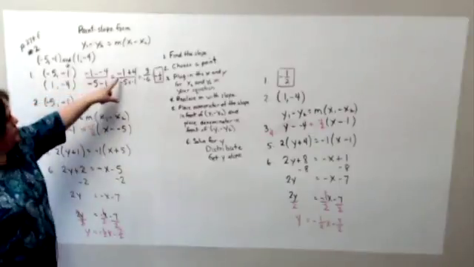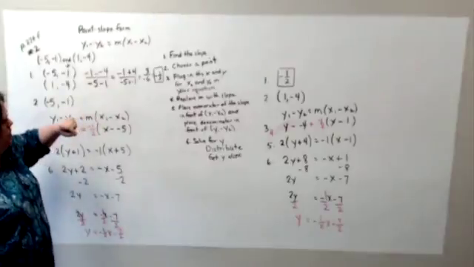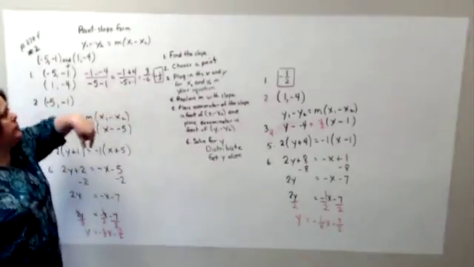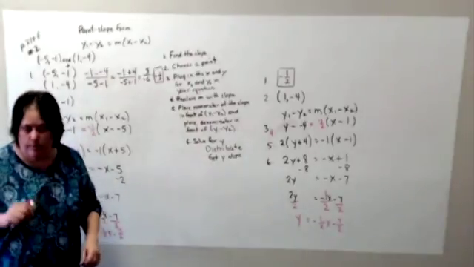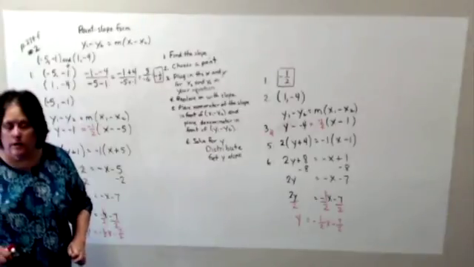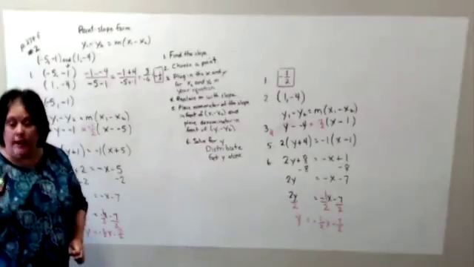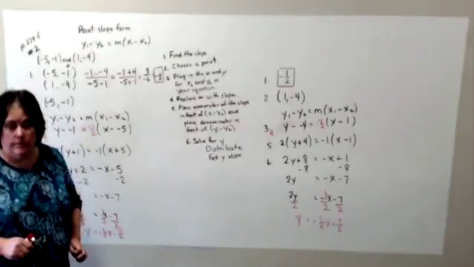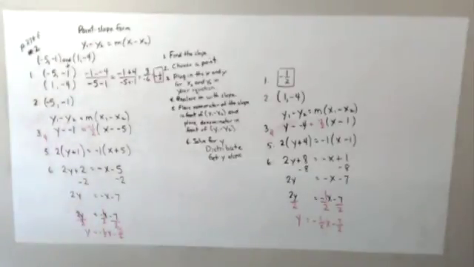Negative 1 minus negative 4 is negative 1 plus 4. Oh, you have to reduce this slope. You did 3 over negative 6. Yes, you have to reduce your slope. Does the negative have to go to the numerator? No. You should get the same answer no matter where you put it. The negative can go on the numerator, but there's no reason, it just does not matter.